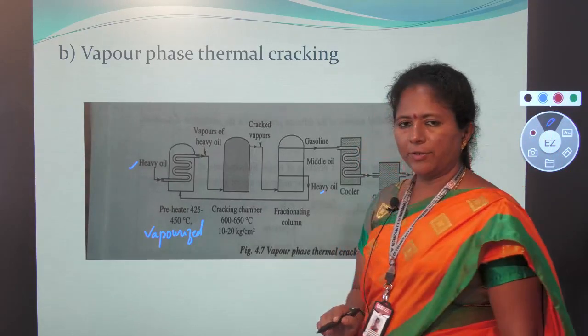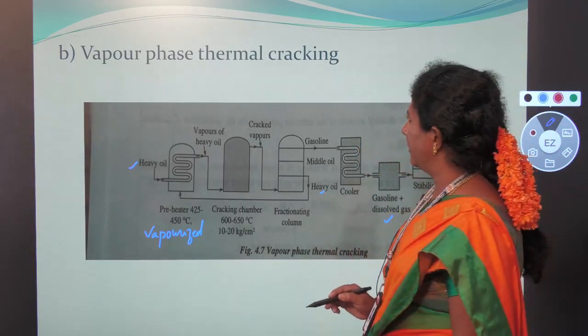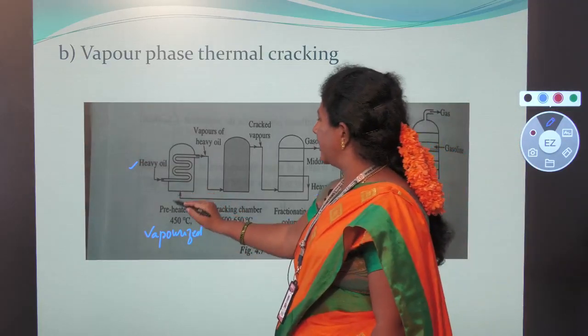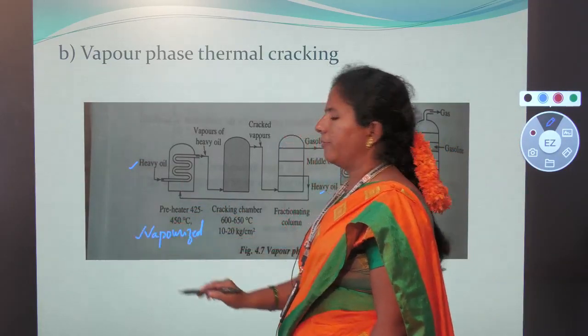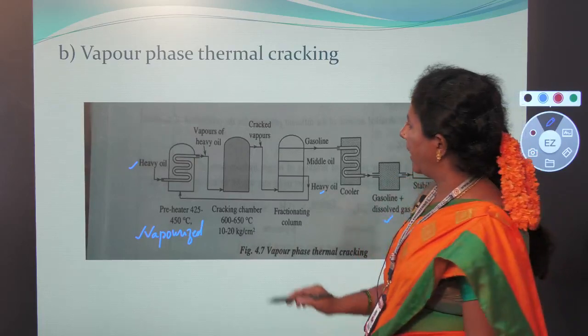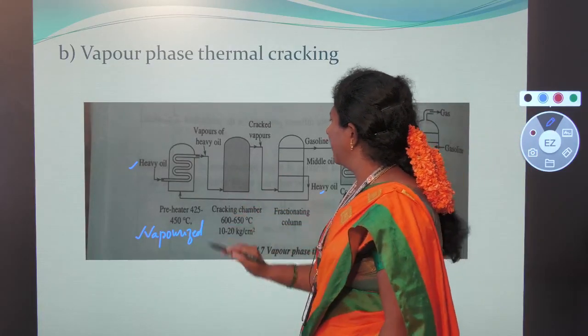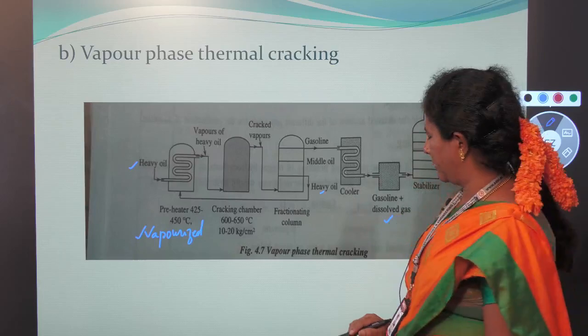The difference between liquid phase and vapor phase thermal cracking is that in vapor phase thermal cracking the heavy oil is first vaporized, and only the vapors are subjected to the cracking process.